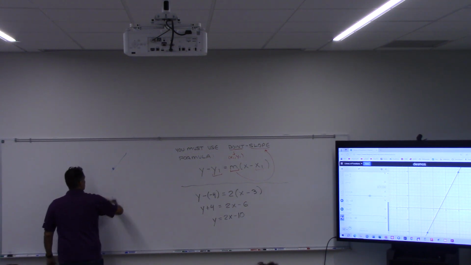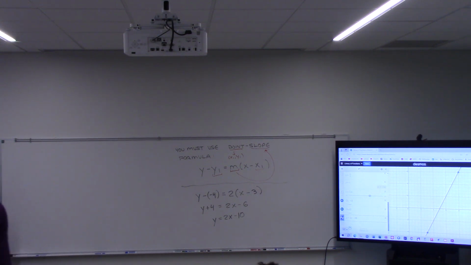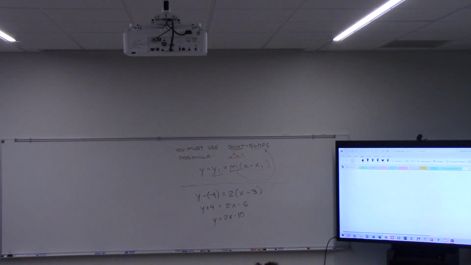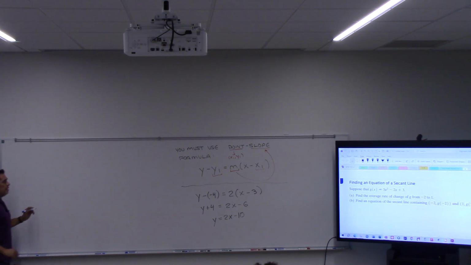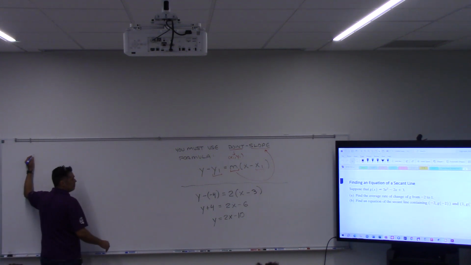All right, so let's do an example. That was just building up to the actual example. So we have, let's use g. Is that okay? We'll use g of x.